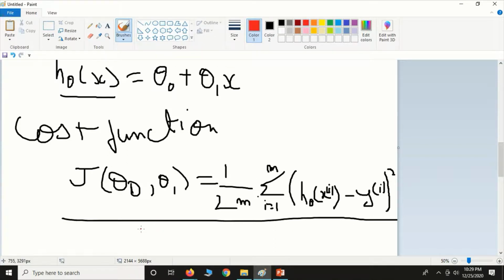This is called the cost function. It's called the total cost function.